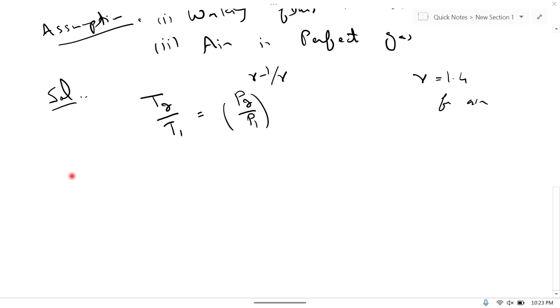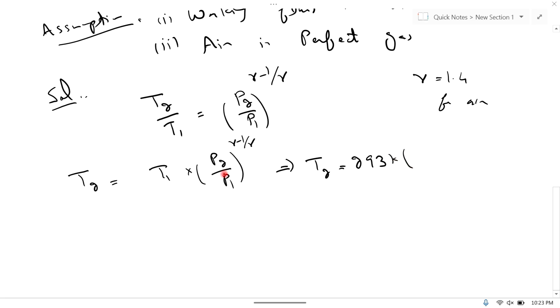So T2 is equal to T1 multiplied by P2 by P1 to the power gamma minus 1 over gamma.